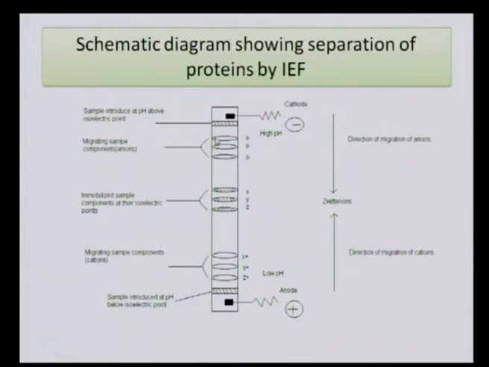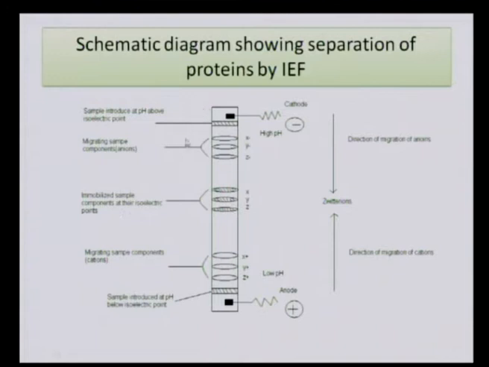On the strip we have mentioned sample introduced at pH above the isoelectric point, and at the bottom sample introduced below the isoelectric point. On the right side you can see the direction of migration of anions and of cations, and in the middle there is a state called zwitterion formation, and here you can see these zwitterions are immobilized.